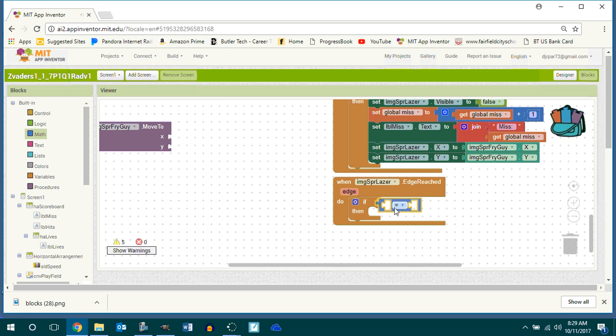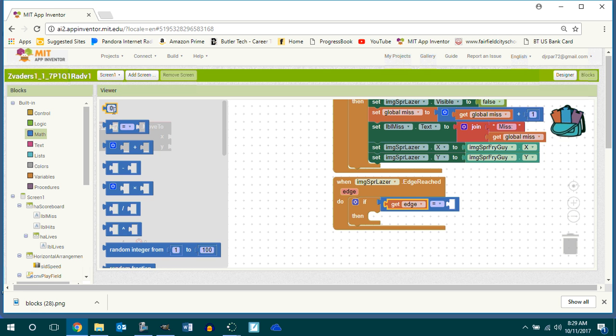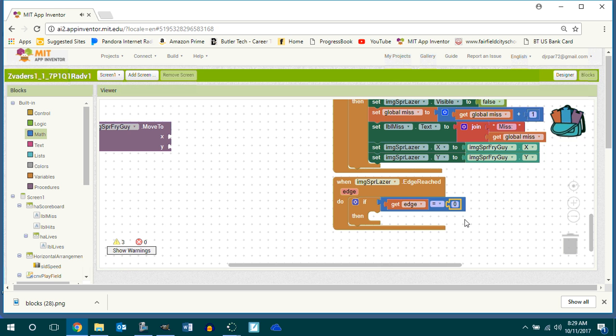If the edge is equal to, yeah, okay. See ya. So tomorrow we'll figure out this edge. There's another way of doing that.